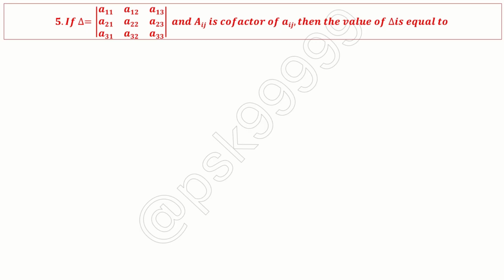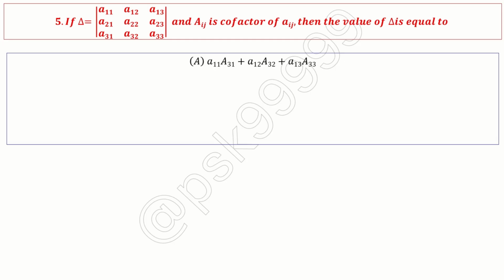If delta is the determinant of this matrix, A11 to A33, and capital Aij is the cofactor of small aij, then the value of the determinant is equal to, okay, this is a multiple choice question, so just read the options carefully. First one, A11 into A31, the cofactor of the first row, first element, multiplied with the cofactor of the third row.